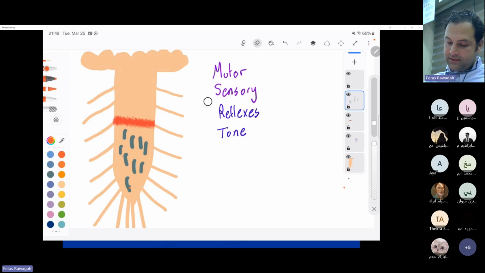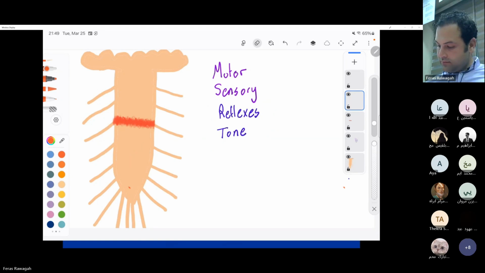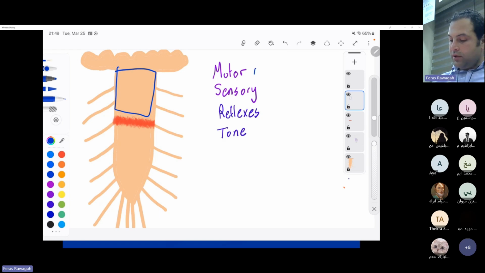So to summarize what we said, in the area above the level of injury, everything will be normal because this area is not affected.